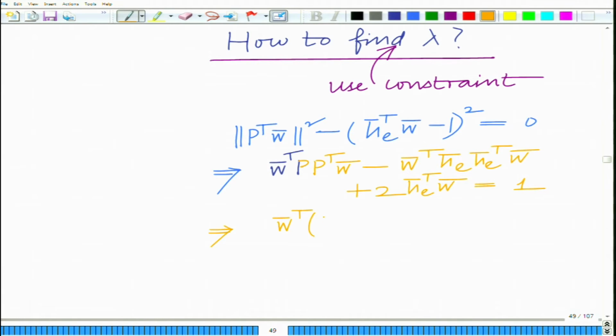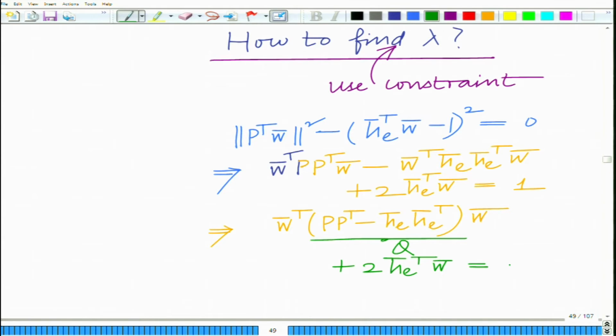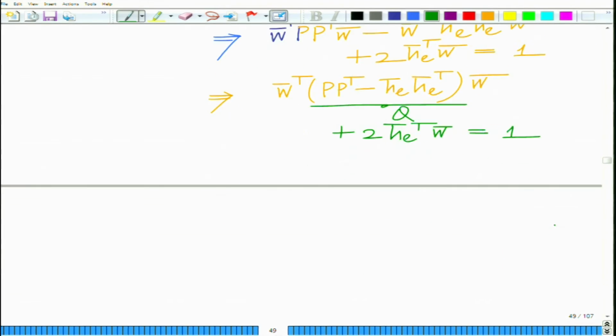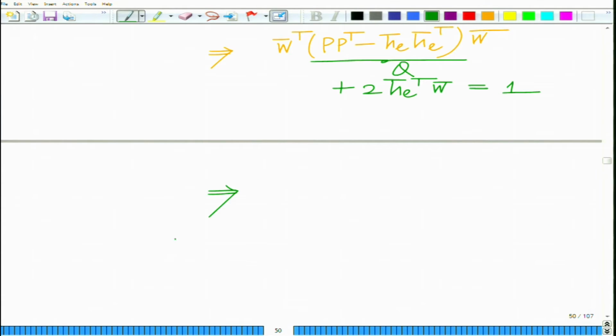So what you get is W bar transpose P P transpose minus H bar E transpose W bar, and this is nothing but our matrix Q that we had seen, plus of course the other terms, H bar E transpose W bar equals 1. So now you can substitute this. This implies that W bar transpose Q W bar plus twice H bar E transpose W bar equals 1.